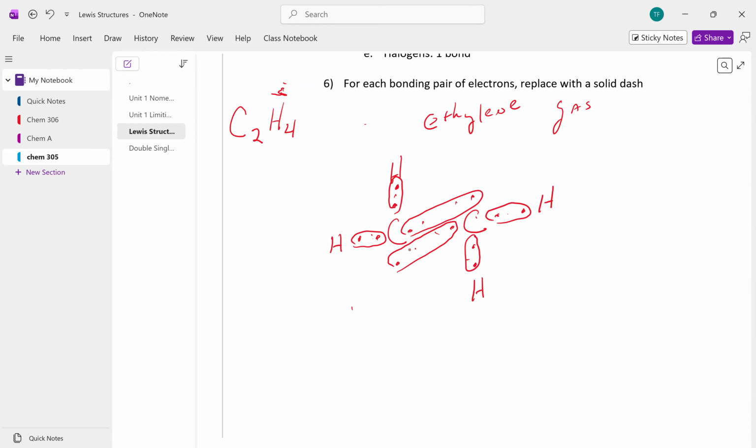There's 2, 4, 6, 8 electrons for carbon on the left. Carbon on the right's got 2, 4, 6, 8 as well. Hydrogen's got 2. So both those steps make it a legal structure. Now we're going to add lines for each bond. So that's what ethylene gas looks like.